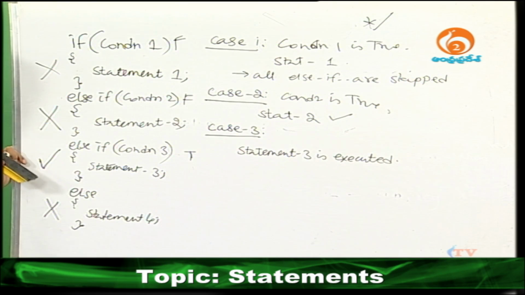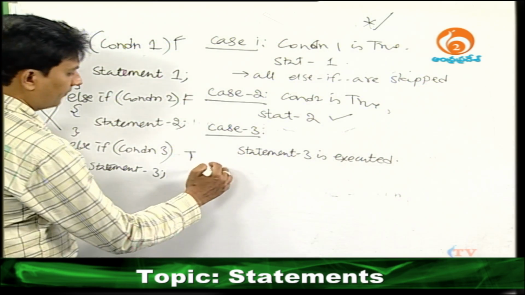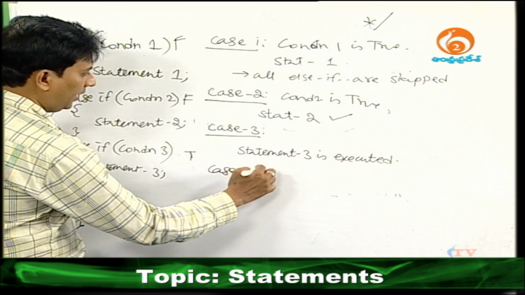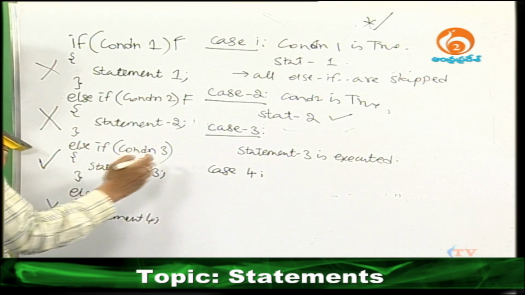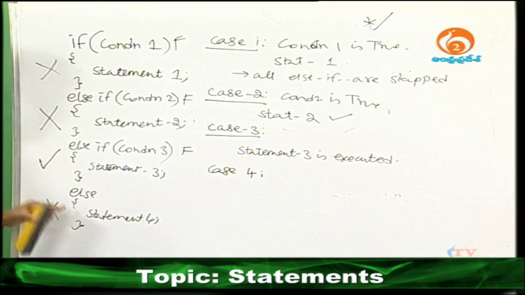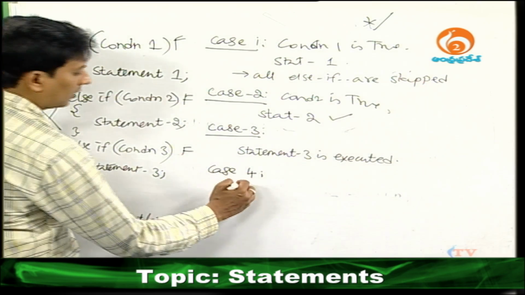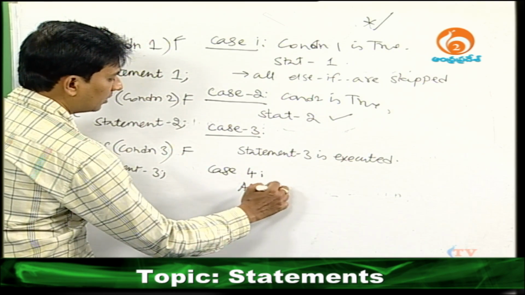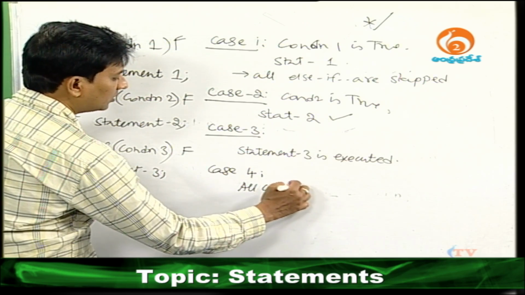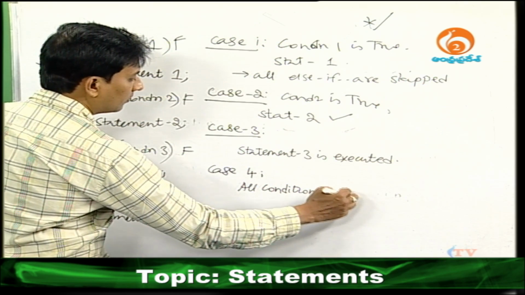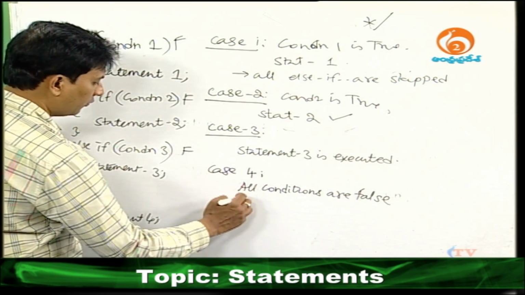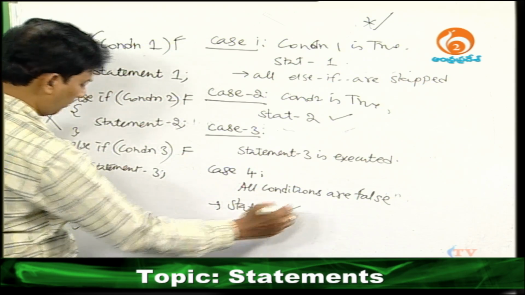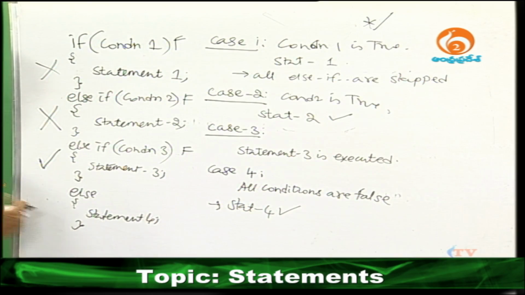Okay. Next, case 4 means all else ifs are false, all conditions are false. Then only statement 4 is executed.